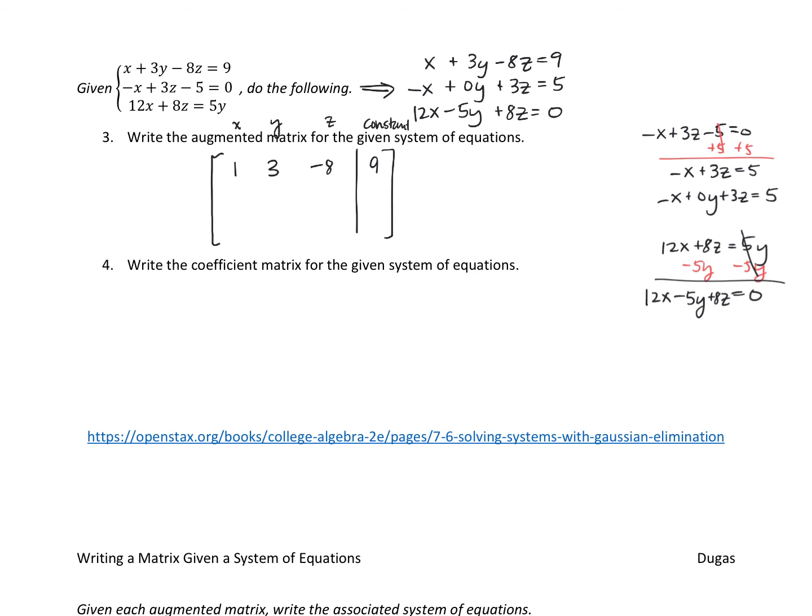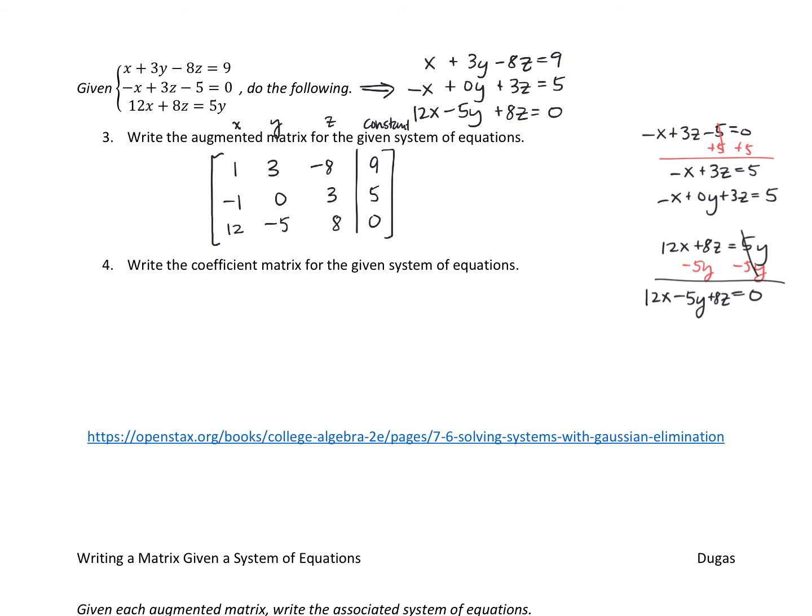And then we're going to do the same thing for equation 2. So I will get negative 1, 0, 3, 5. And then equation 3, 12, negative 5, 8, 0. We're not asked to do anything else yet with the matrix other than just write it. So for any system of linear equations, you should be able to write a matrix that corresponds to that.